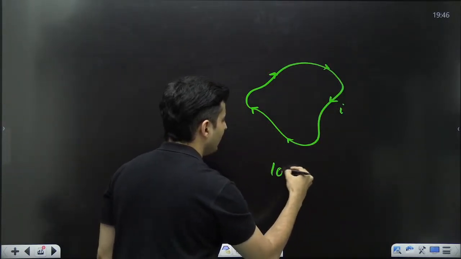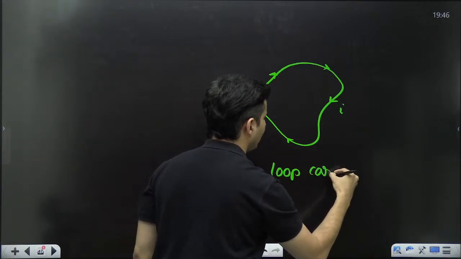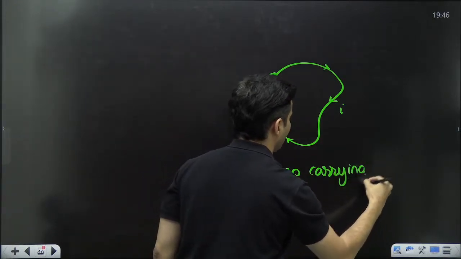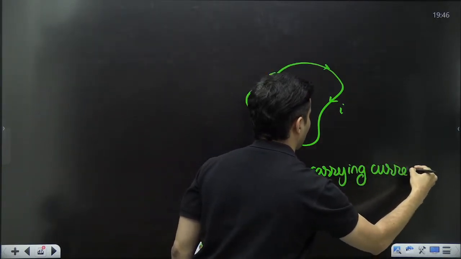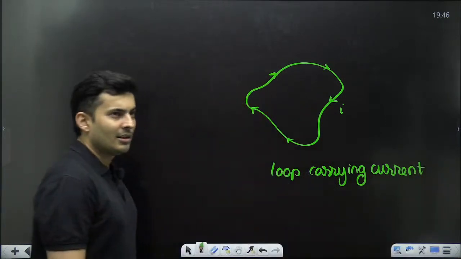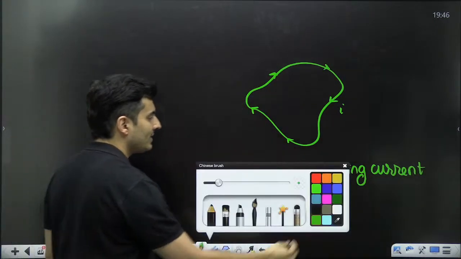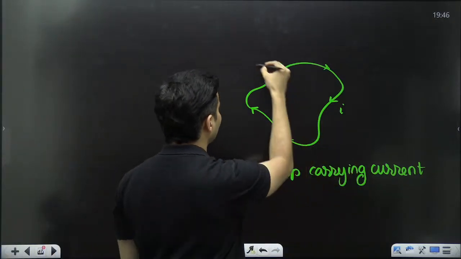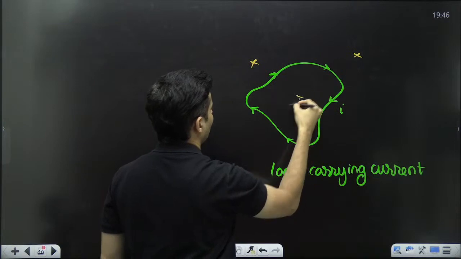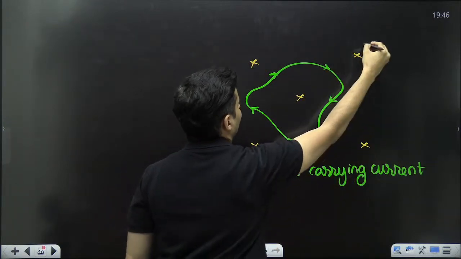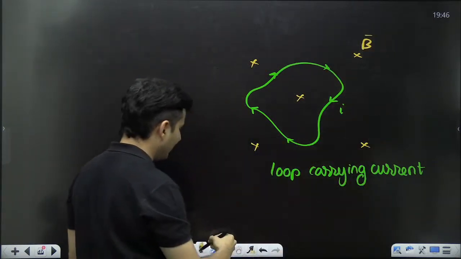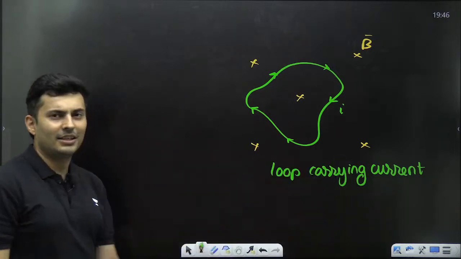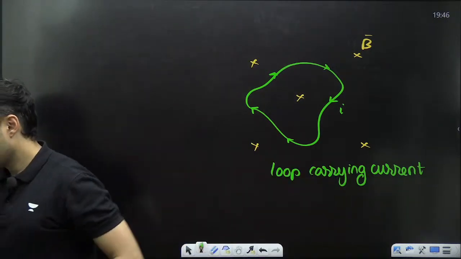This is basically a loop carrying current. Can you guess what is the effective length of this? Assuming this is placed in some magnetic field, maybe like this over here. This is a magnetic field, right? Question is, what is the effective length? Quickly tell me the answer in the chat box. I am reading your chats.